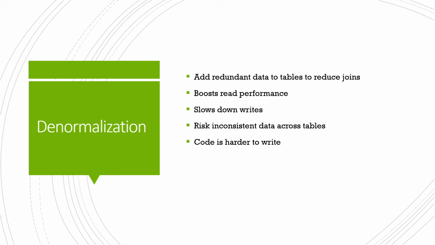Denormalization is where you actually go against a standard best practice with relational databases and you add redundant data to tables so that it reduces the amount of joins you need to do, which improves your read performance. The downside is, once again, we're sacrificing write performance and we're risking inconsistent data across tables.